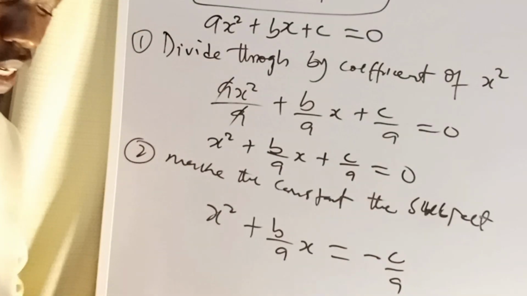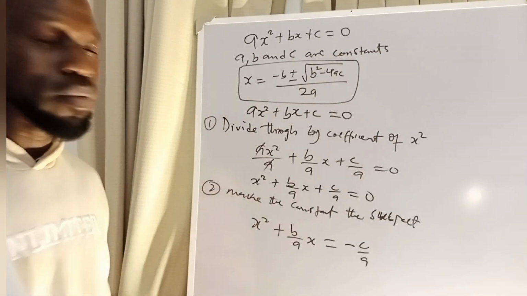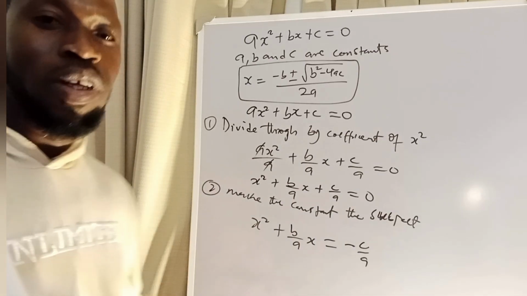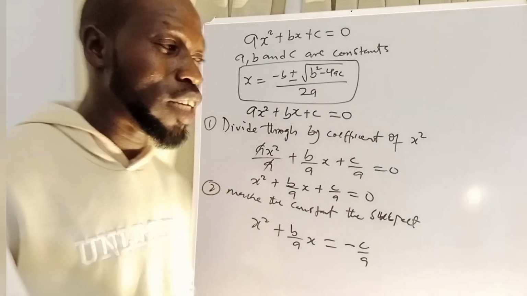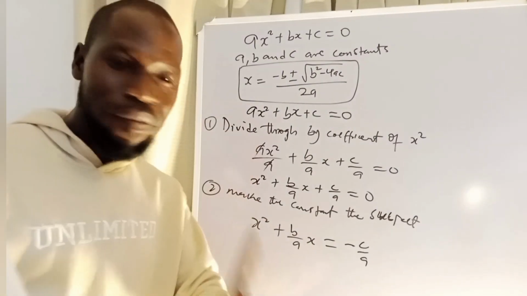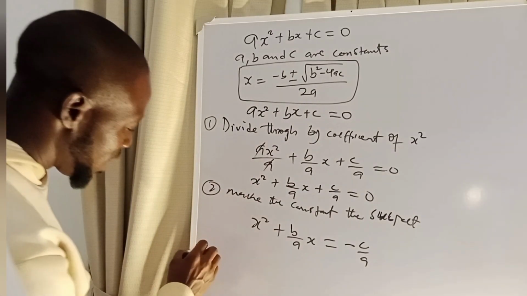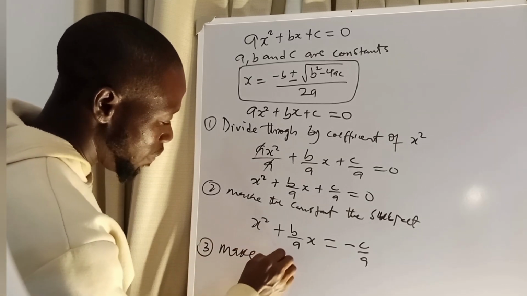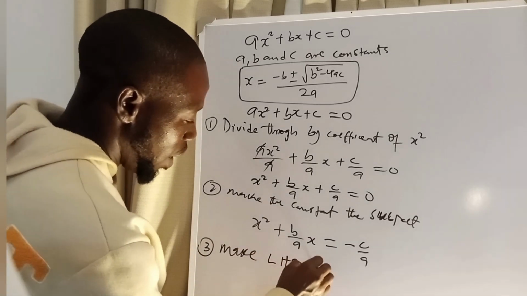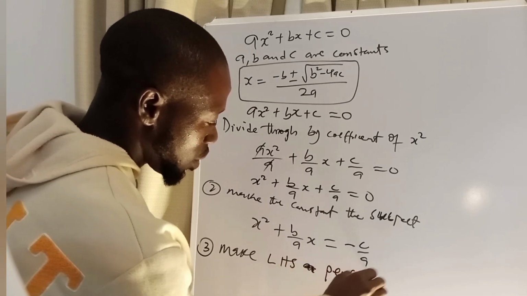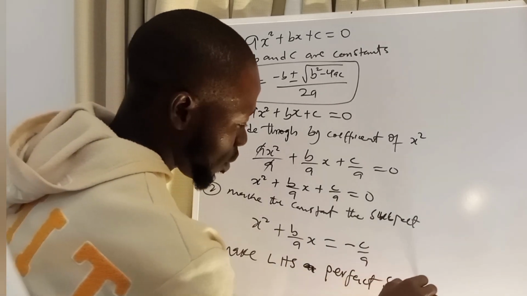Second step taken. What's the third step? The third step is very, very critical, and this is the point where you need to pay serious attention. We're going to make the left hand side a perfect square. Now, that's the number 3. Make left hand side a perfect square.